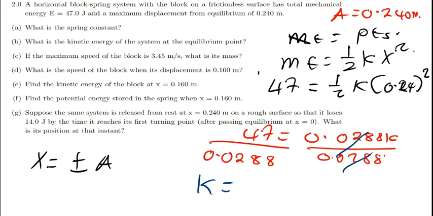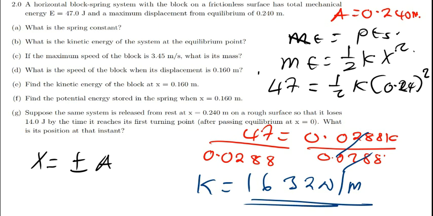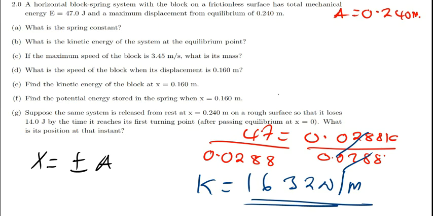So we'll say 47 divided by 0.0288. The answer is 1631.9, so I can say 1632 Newton per meter. That is my k value, and this k value is going to help me. I'll just put it here: my k value is 1632 Newton per meter.